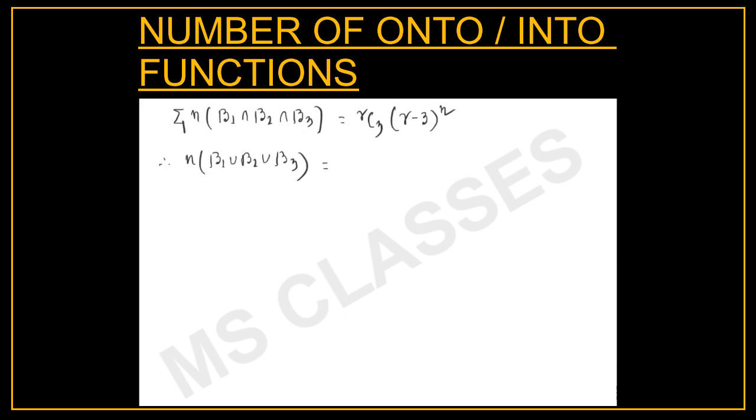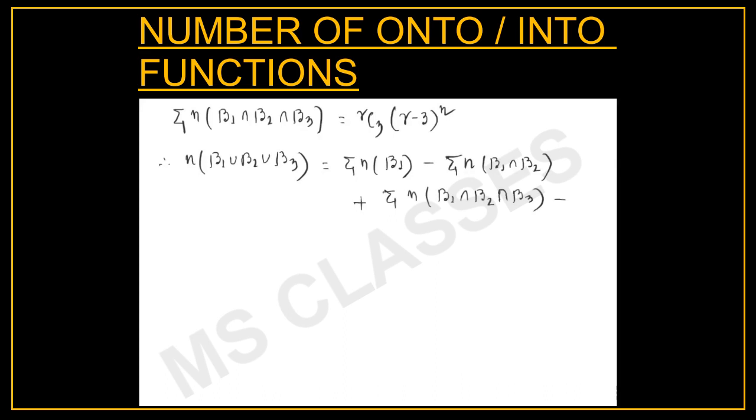That is summation of n(B1) minus summation of n(B1 intersection B2). There is inclusion, exclusion, plus summation of n(B1 intersection B2 intersection B3).